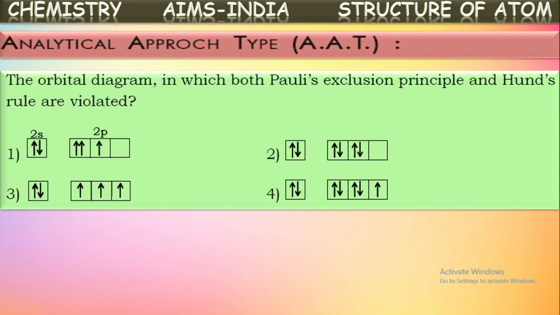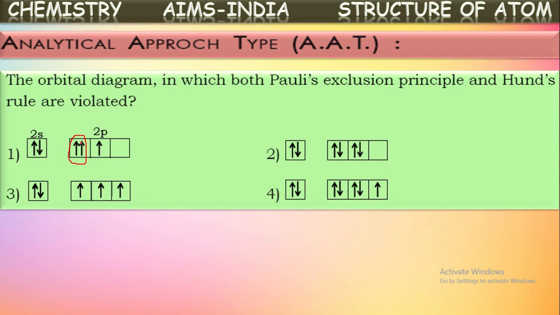Now let us observe the configurations where these two principles are violated. See the first one, 2s 2p. 2s is completely filled and 2p is occupied. But if you observe here, there are two electrons in the first 2p orbital, both with the same spin. If we write quantum numbers for these two electrons, all four quantum numbers will be the same because they are in the same orbital and have the same spin.